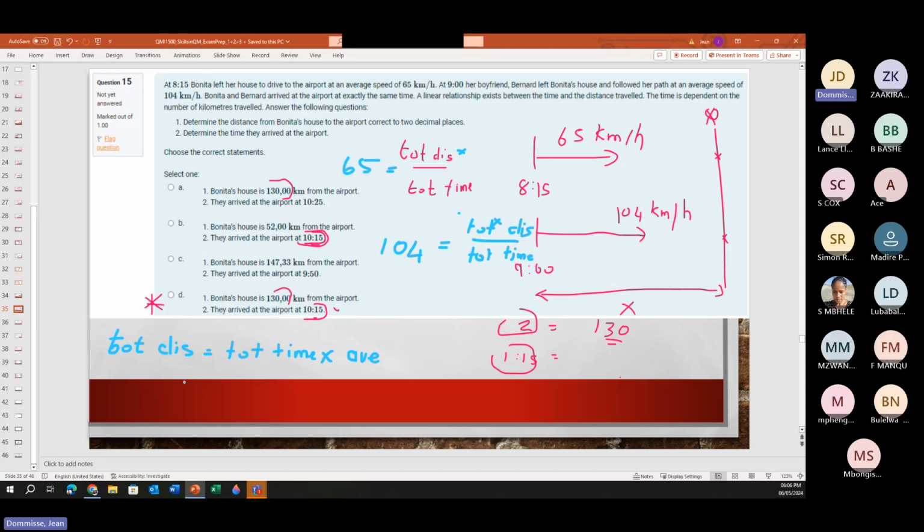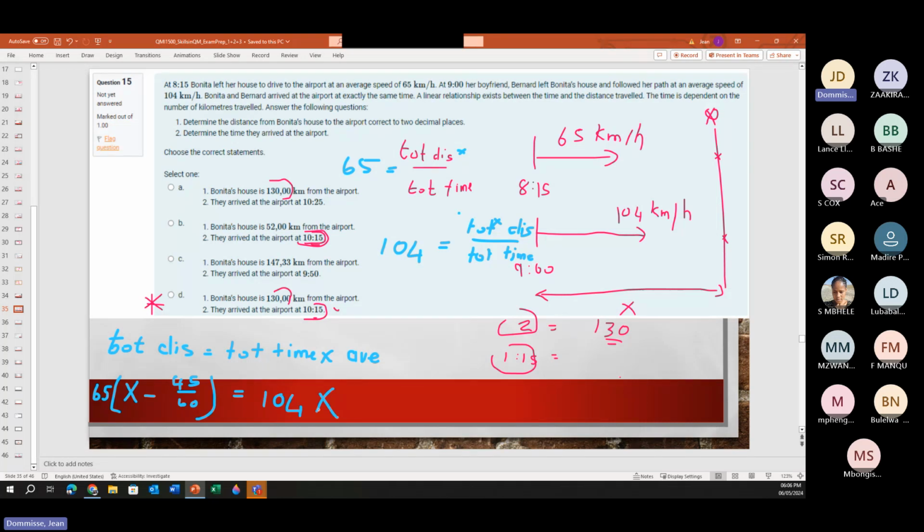Okay, so for one, the total time is x minus that, times 65, is equal to 104 times x, which is time.